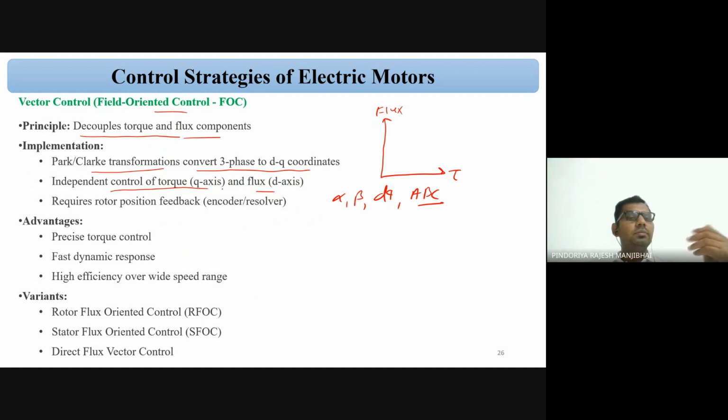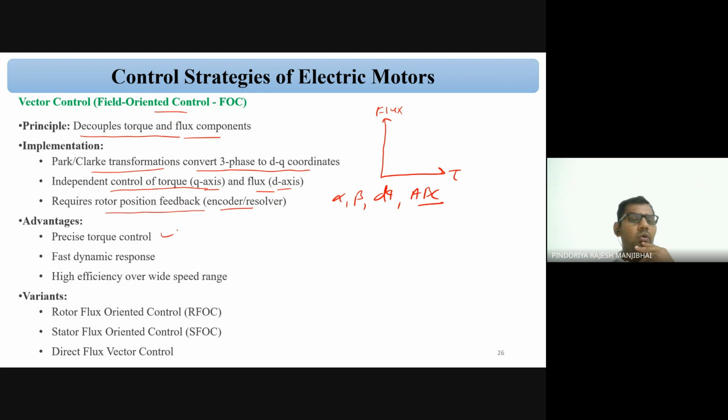It requires rotor position feedback, maybe from an encoder or resolver. Normally we consider these parameters for vector control, especially field oriented control.